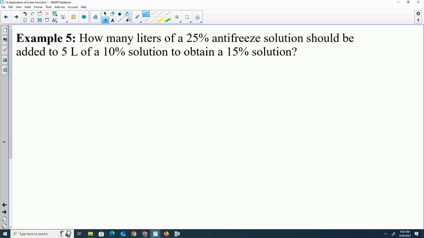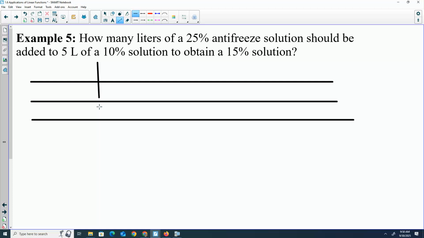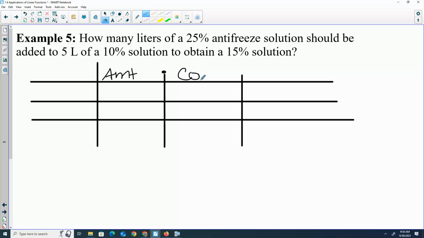There's a lot of percents in this problem, but what should we start with? Table. Let's organize our information. Across the top, we put our formula. You do have to write your formula. That's how it counts as labeling your variables.